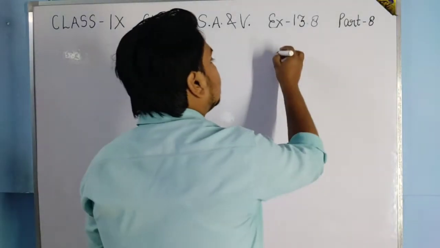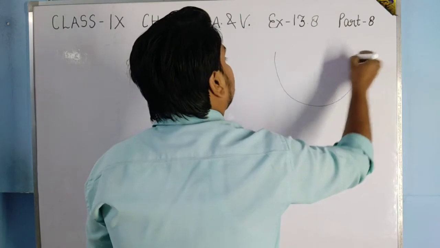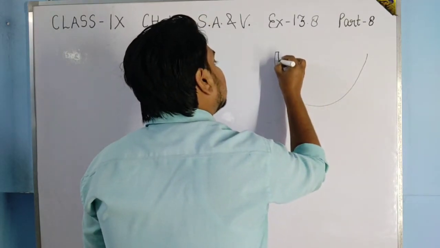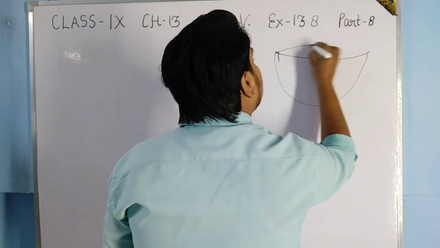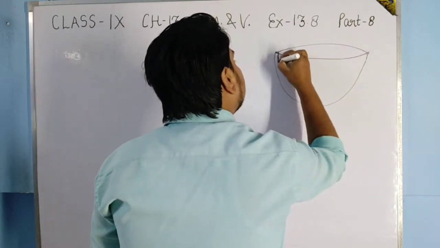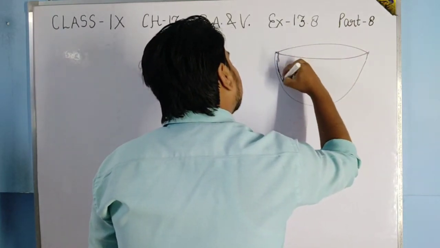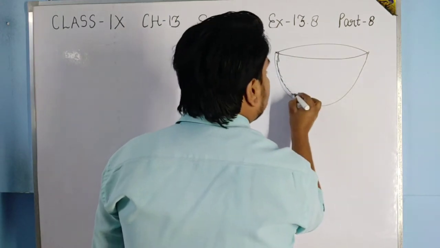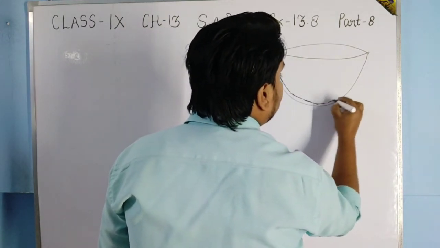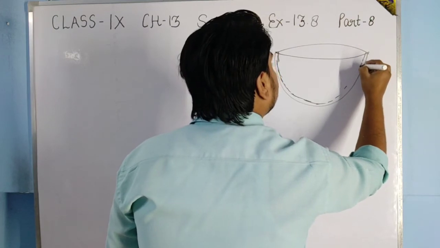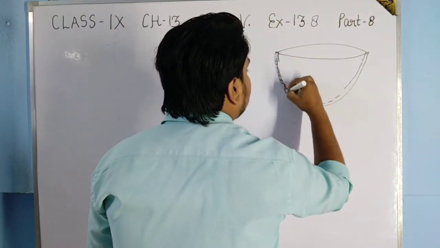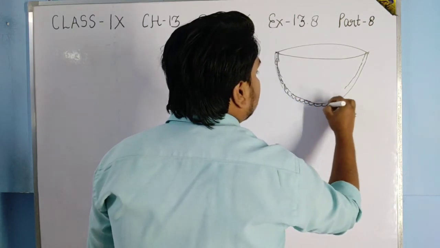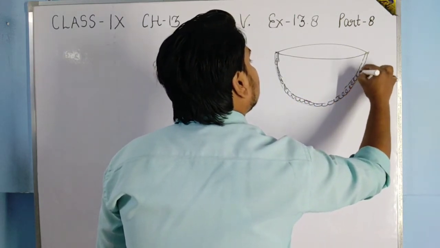So basically, the tank is hemispherical, and the iron sheet which is 1 centimeter thick is used to make it. You have to tell the amount of iron used to make this tank.